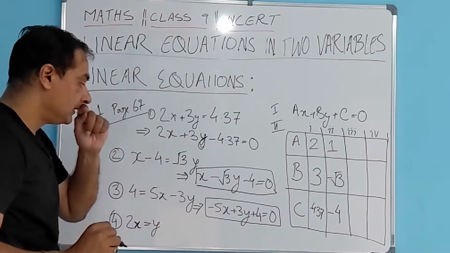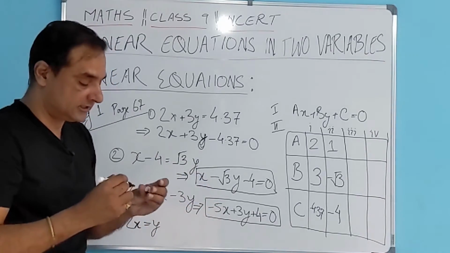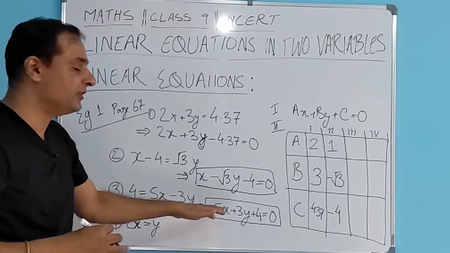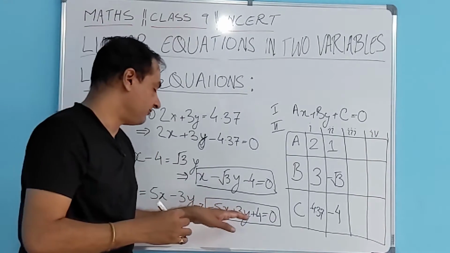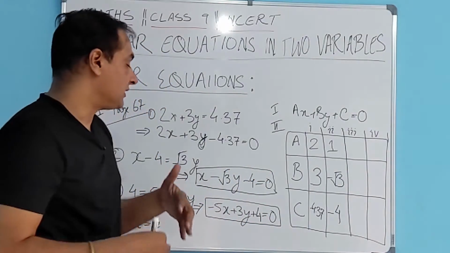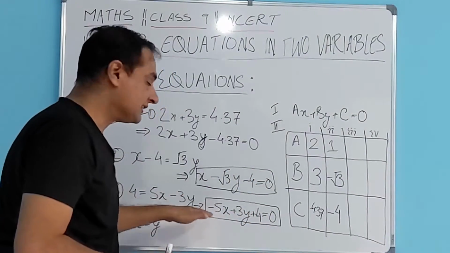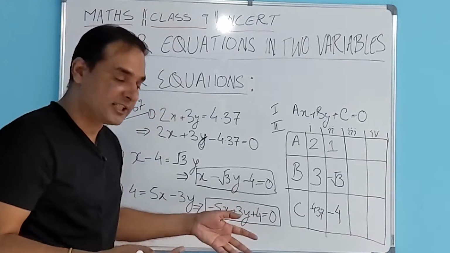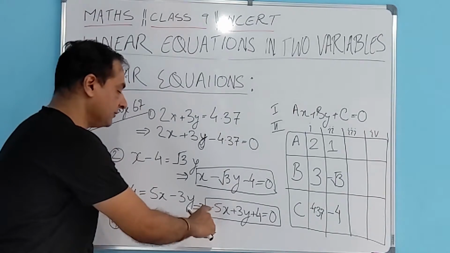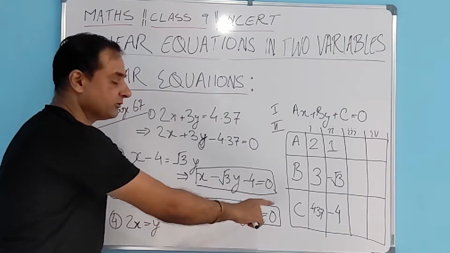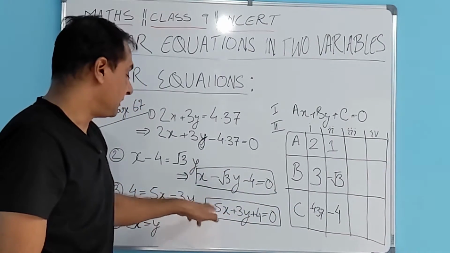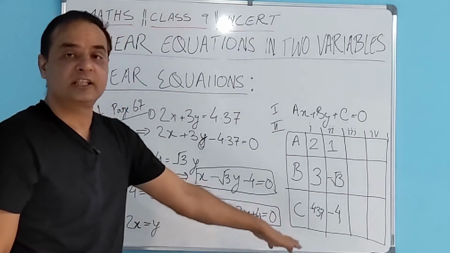Now if you see, looking at the rules of linear equation, if we multiply this equation on left hand side and right hand side by minus 1, then the signs of all these terms will change. When I say signs of all these terms will change, it implies if you are writing minus 5x plus 3y plus 4 equals to 0, if you multiply both the sides by minus 1, it will change into plus 5x minus 3y minus 4 equals to 0.